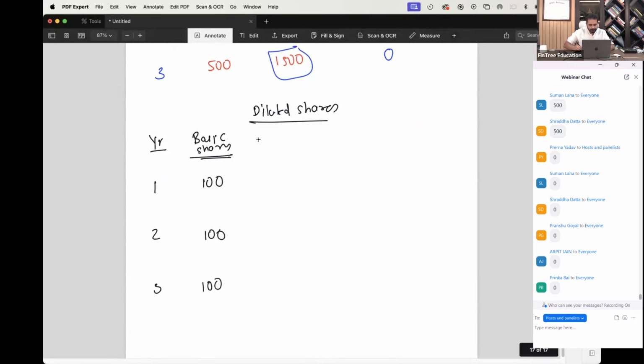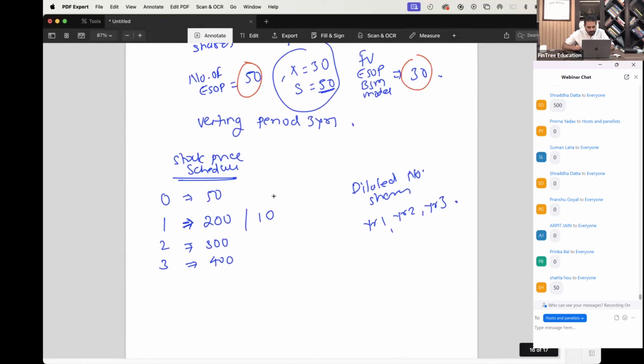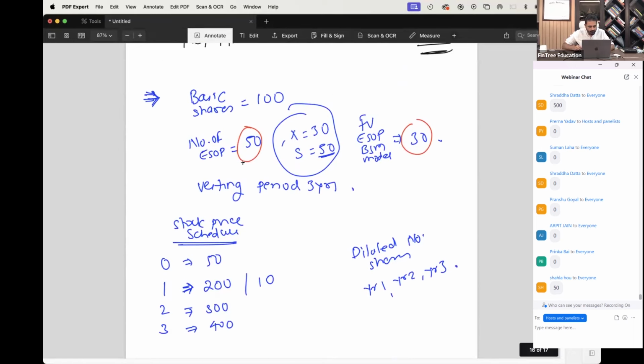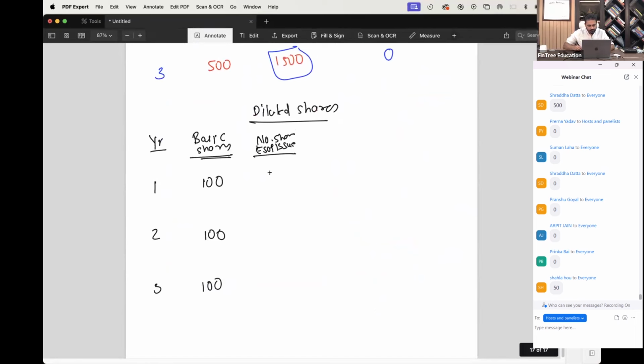Then number of shares against ESOPs issued. We have 50. So we assume all the 50 are issued.